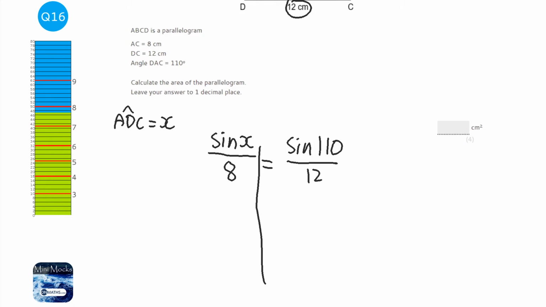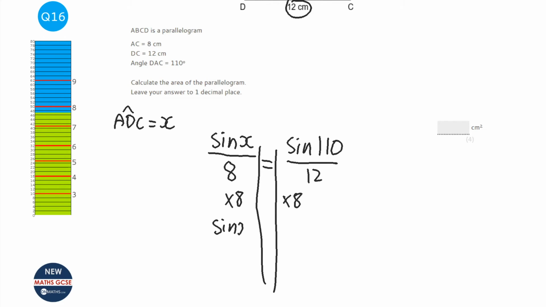So first thing I'm going to do is times both sides by 8, so sine X equals 8 sine 110 over 12, and then I'm going to inverse sine both sides.